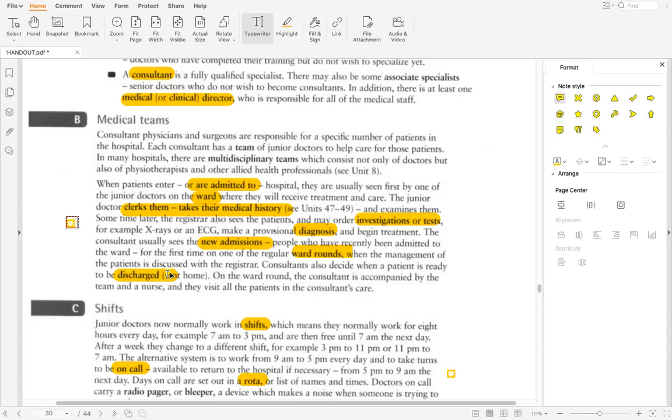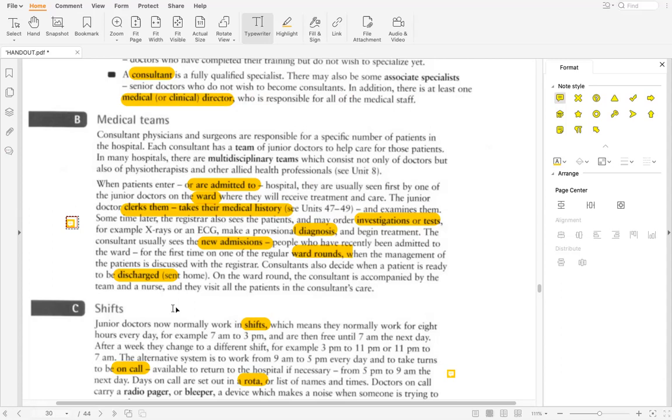When the management of the patients is discussed with the registrar, consultant also decide when a patient is ready to be discharged. What is the meaning of discharged? It means to be sent home.